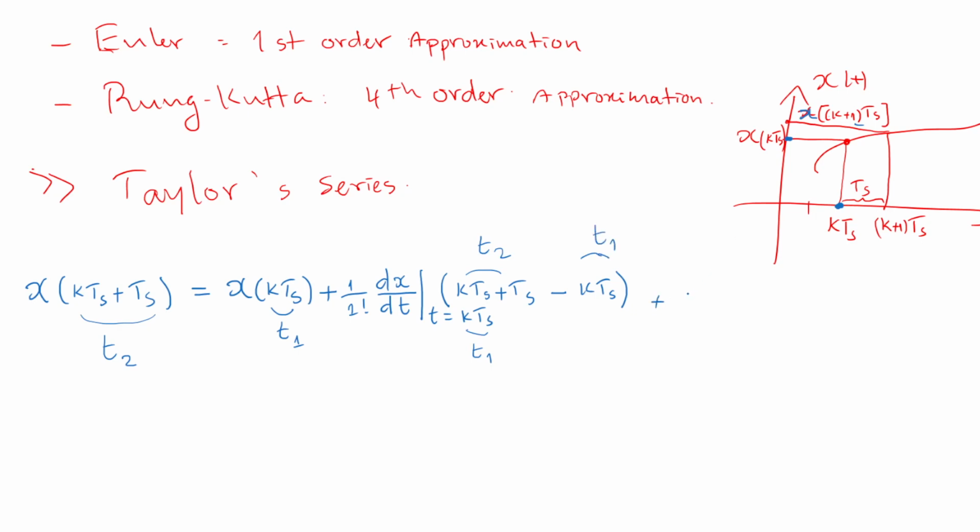And then plus 1 over 2 factorial, evaluated at t equal to k ts, and again this one is actually the same as this, squared.